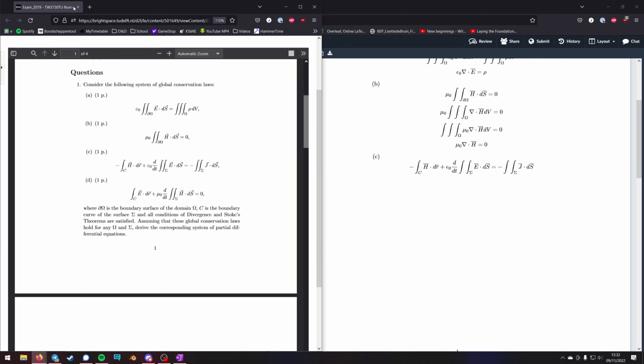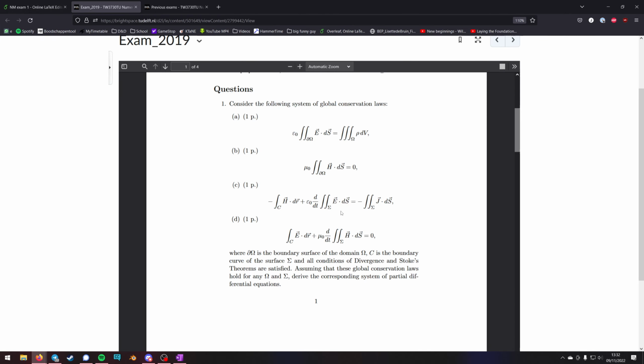First of all, what is c? Because I know what omega is. C is the boundary curve of the surface. So instead of going over a domain with a boundary surface, we're going over a surface with a boundary curve. So I believe we're just dropping down one dimension.